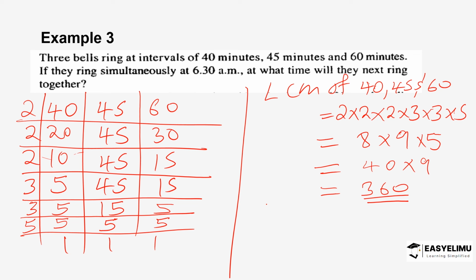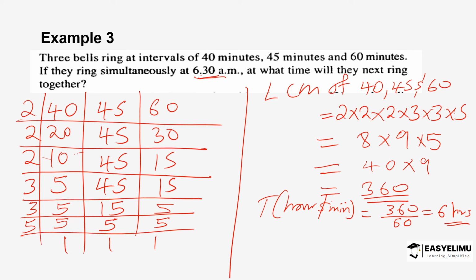So you convert this time into hours and minutes. So it's going to be 360 divided by 60. That is 6 hours. So these hours you add to the starting time.